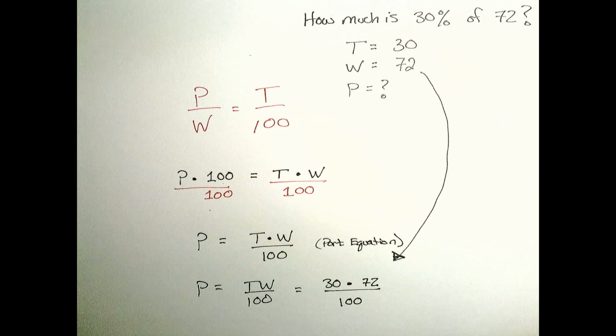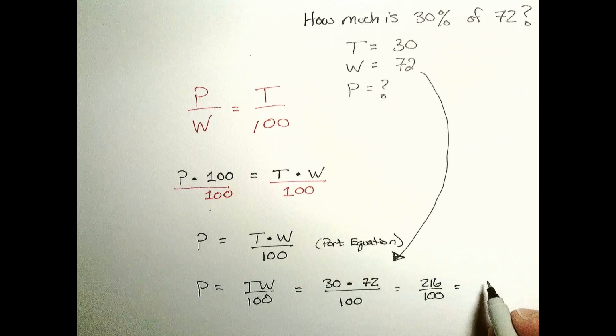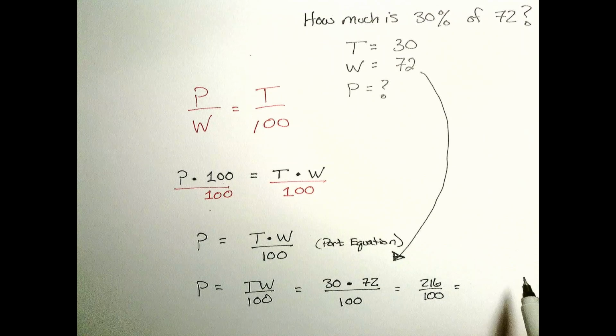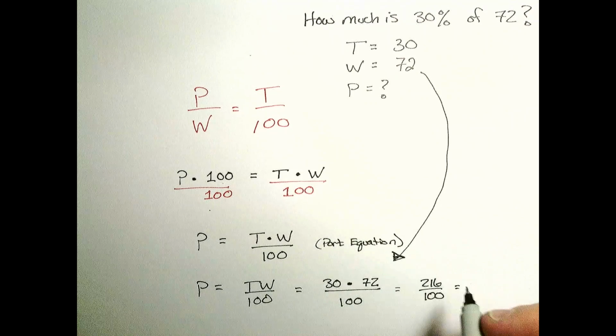So it's 2,160 over 100, and so what's the actual answer?